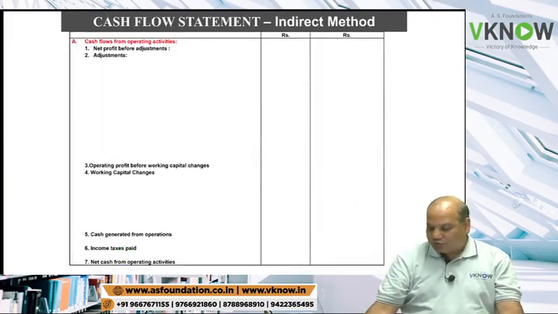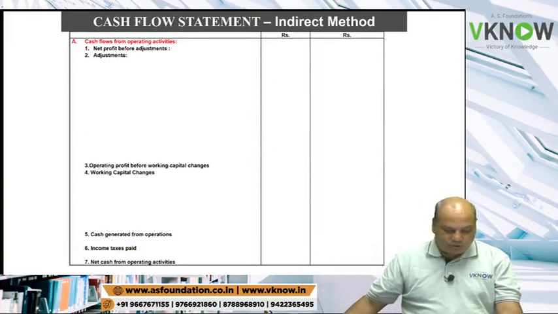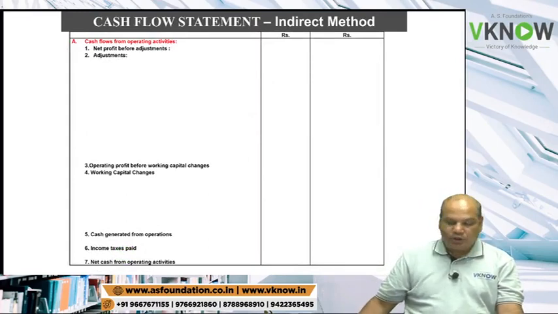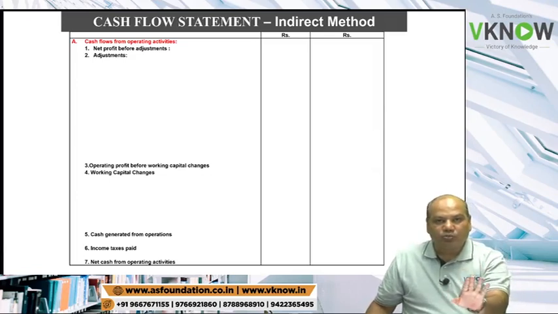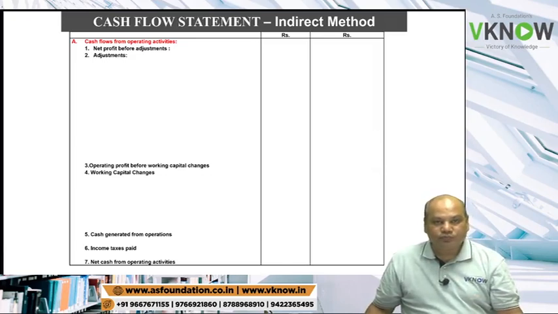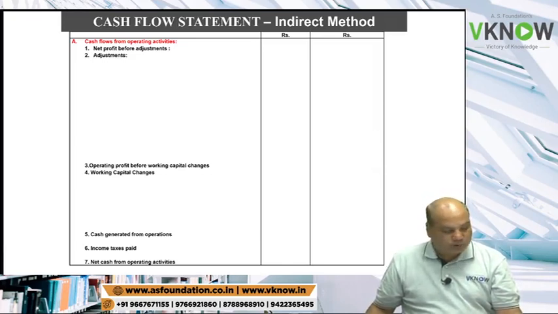Yes. So, dear students, you are solving a very important question where balance sheet and P&L account both are given, but the question wants you to follow indirect method. So, start. Name of the company: AS Foundation Limited.